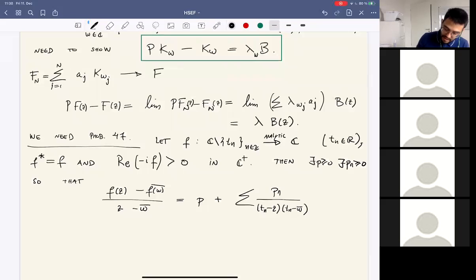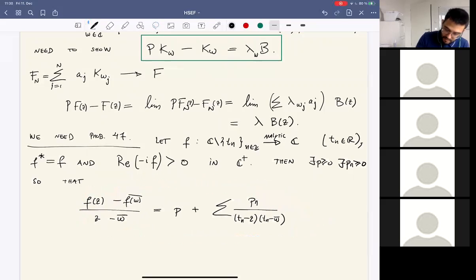And p_n here will be the limit of (z minus t_n) f of z as z converges to t_n.